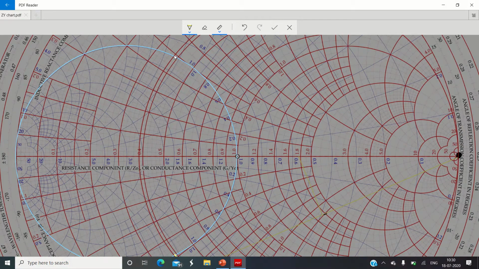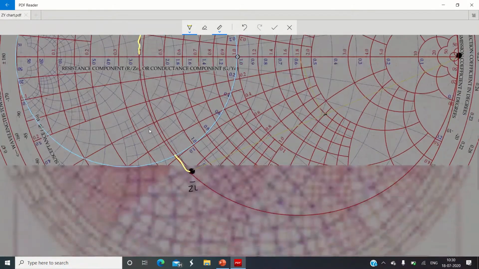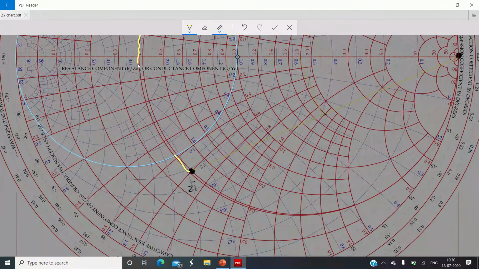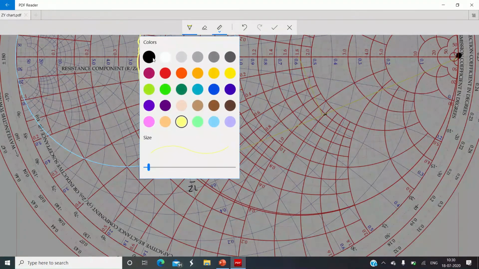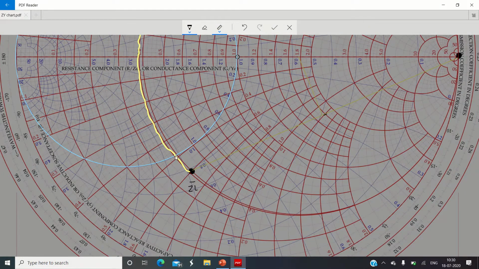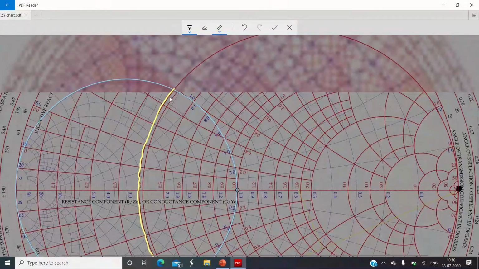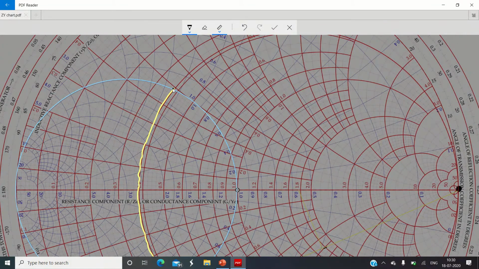So you can trace in this way. Here you will find that you get two intersection points. One intersection point is over here with the unit conductance circle, and the second intersection point will be over here somewhere.